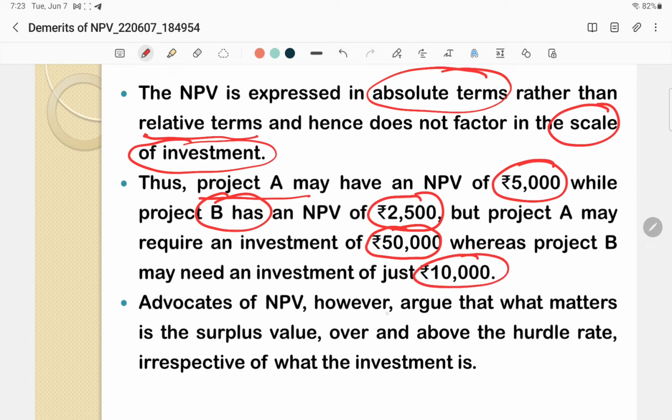So the advocates of the NPV method are in favor of higher amount of NPV irrespective of the size of investment. It doesn't matter whether you have invested less or more money in a project. Okay, we will prefer or choose only that project which is providing greater or higher NPV. So we will give preference to the project A rather than project B. Okay, so size of the investment doesn't matter.